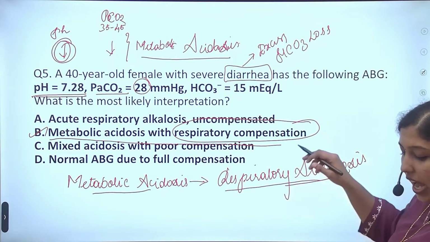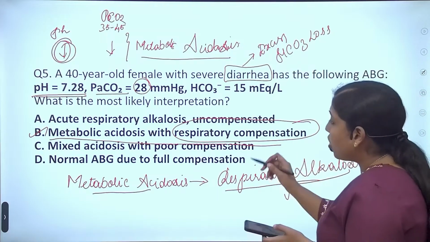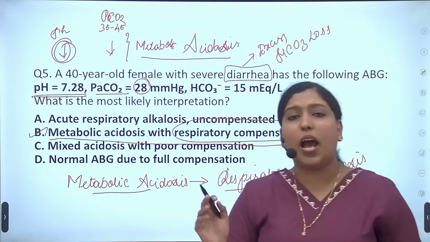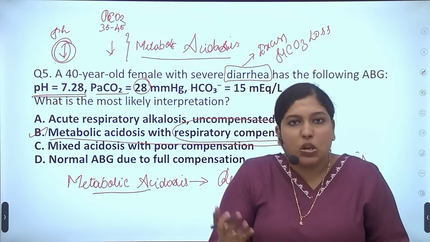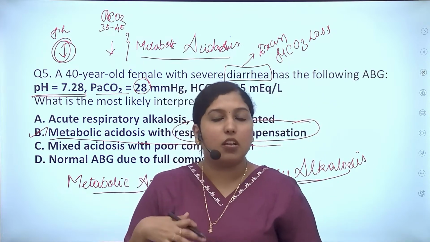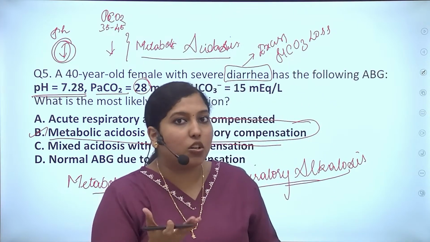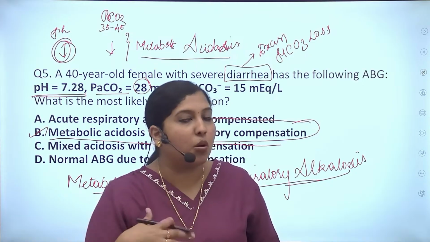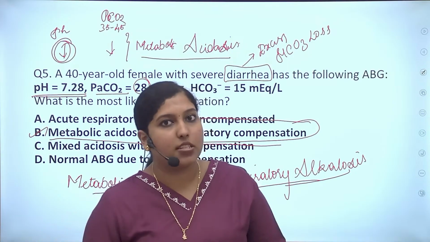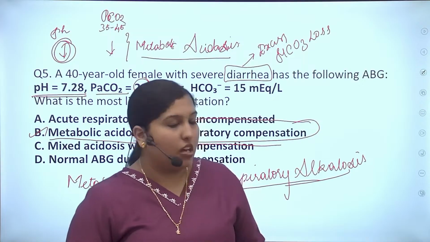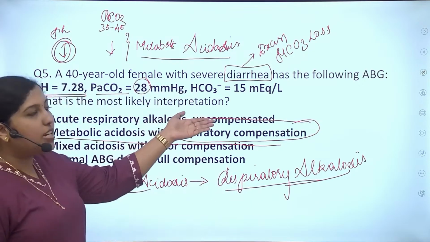What will happen in hypoventilation? CO2 will be retained inside the body. CO2, which is an acid component, is going to be retained more in the body, so I will go for an acidotic state, not an alkalosis state. Already the patient is in acidemia.